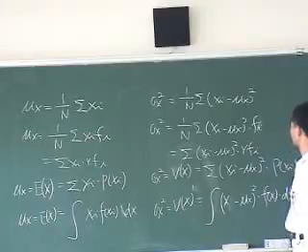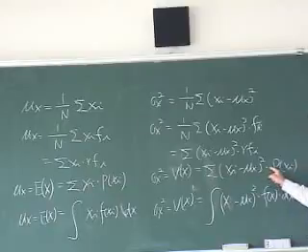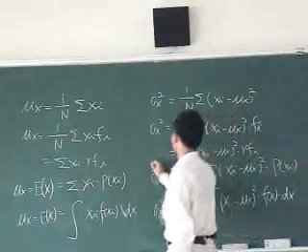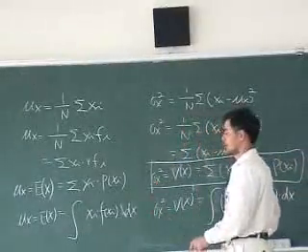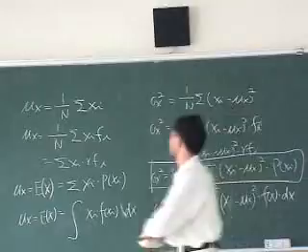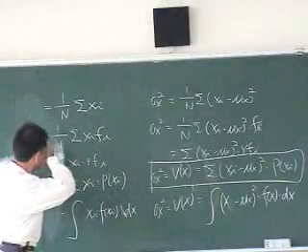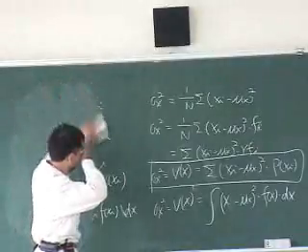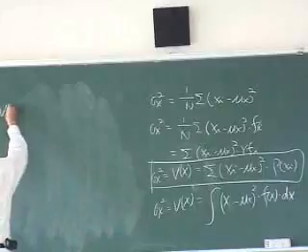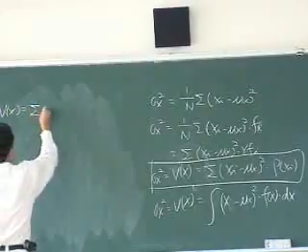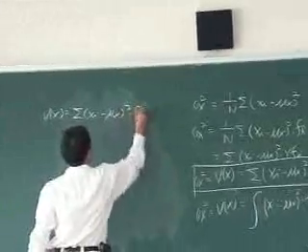But here there is something quite important. Let us try to simplify this part. We have V(x) equal to summation (xi minus mu x) squared times p(xi).